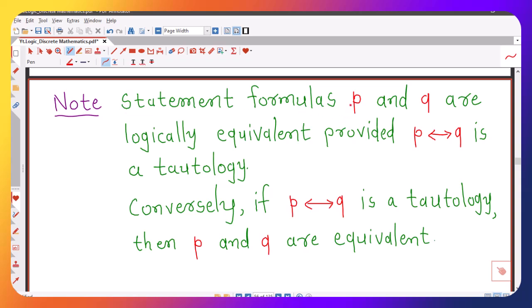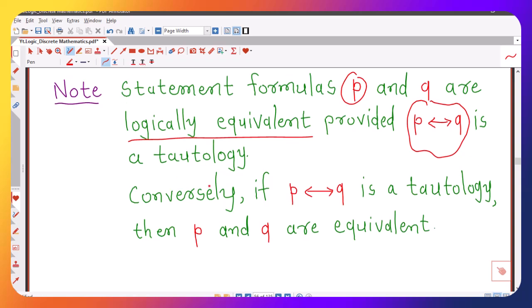So sometimes they ask you to prove this type of logical equivalences, and here we remark this, that statement formulas P and Q are logically equivalent provided this biconditional is a tautology, and if this biconditional is a tautology, then P and Q are equivalent.